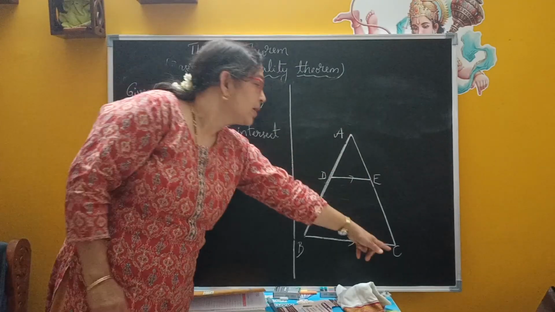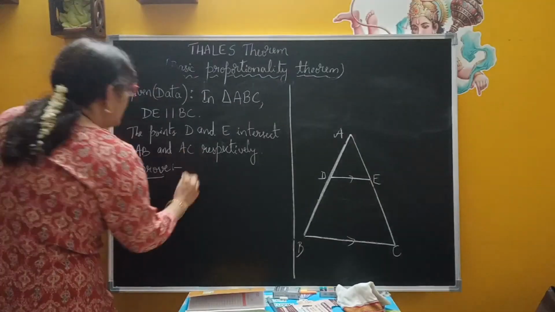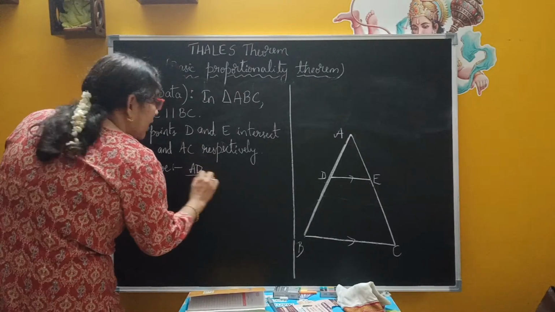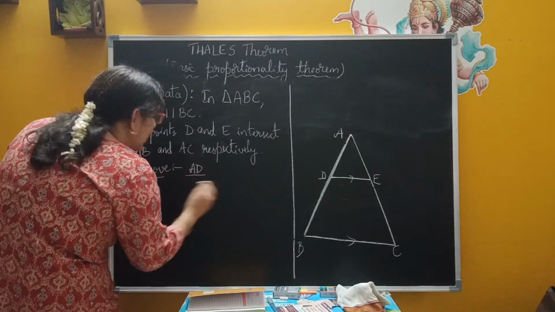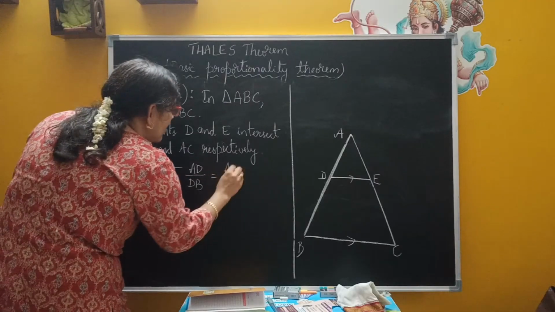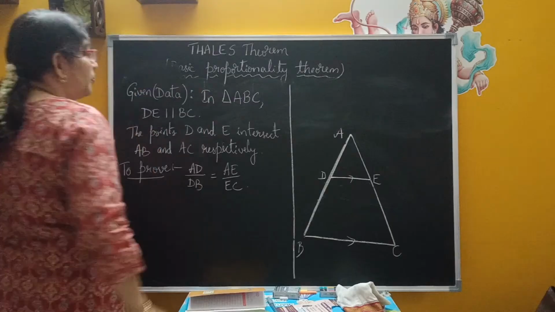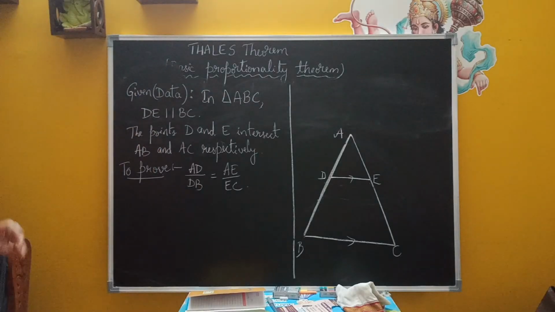AE by EC. That is to be proved. Let us write now: AD by BD is equal to AE by EC. This has to be proved.